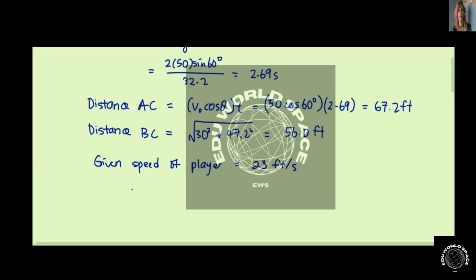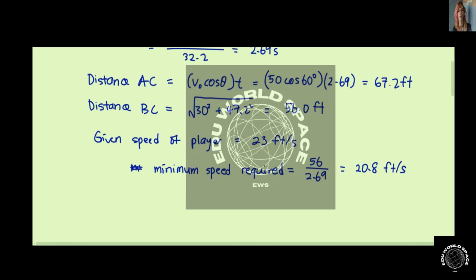If we just calculate the minimum speed required, the minimum speed required would just be 56 divided by 2.69, and you calculate this to be 20.8 feet per second. So the speed of the player is greater than the minimum speed required.